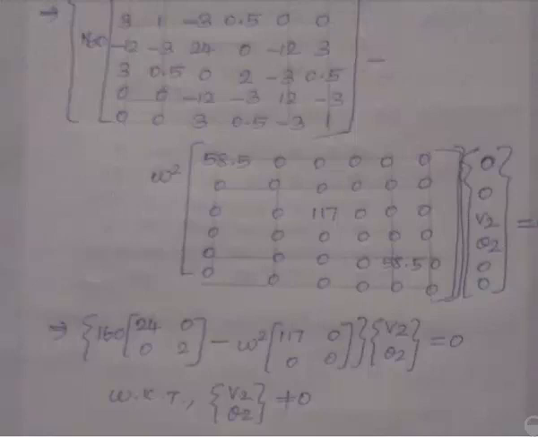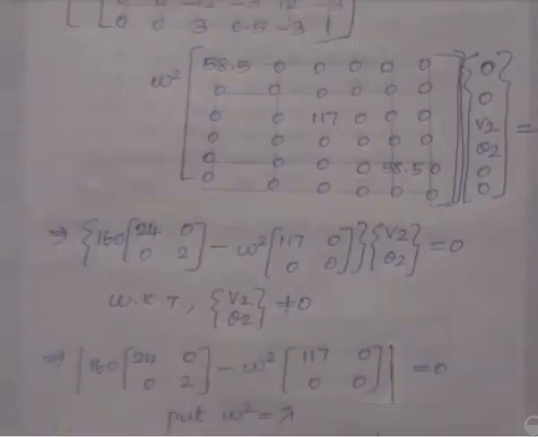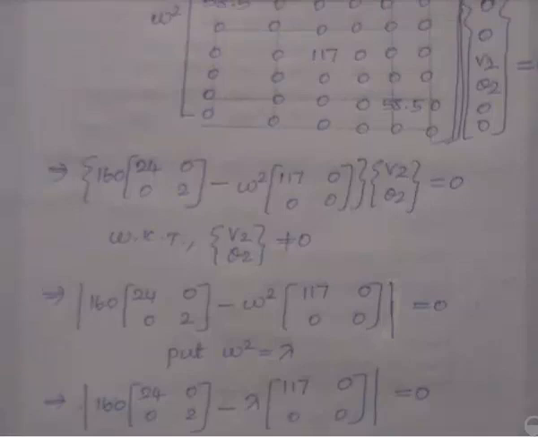Already from the boundary conditions we know that V2 and theta 2 are not equal to 0, so the remaining term is equal to 0. For simplification, put omega square equal to lambda. The expression will be simplified like this.